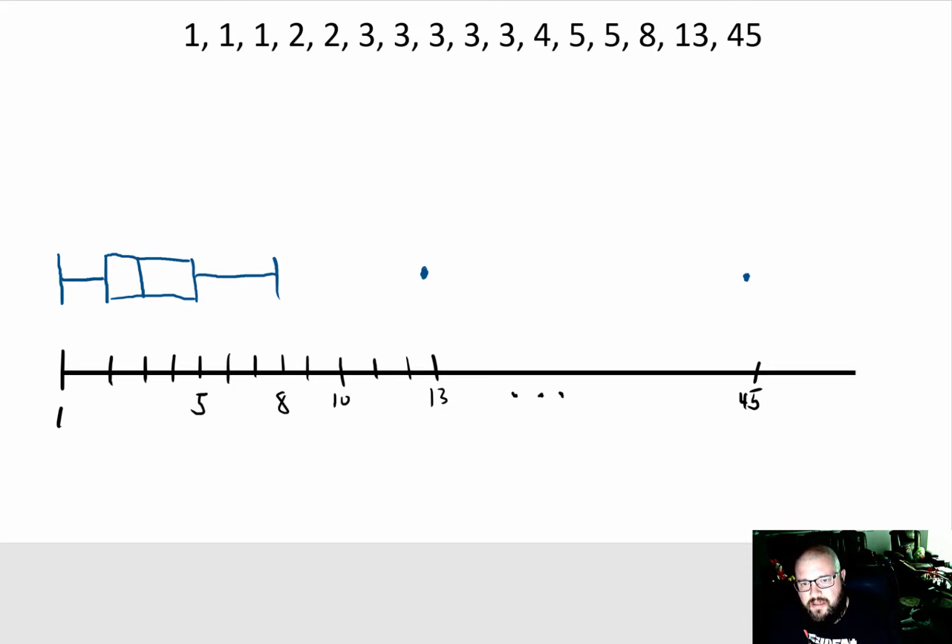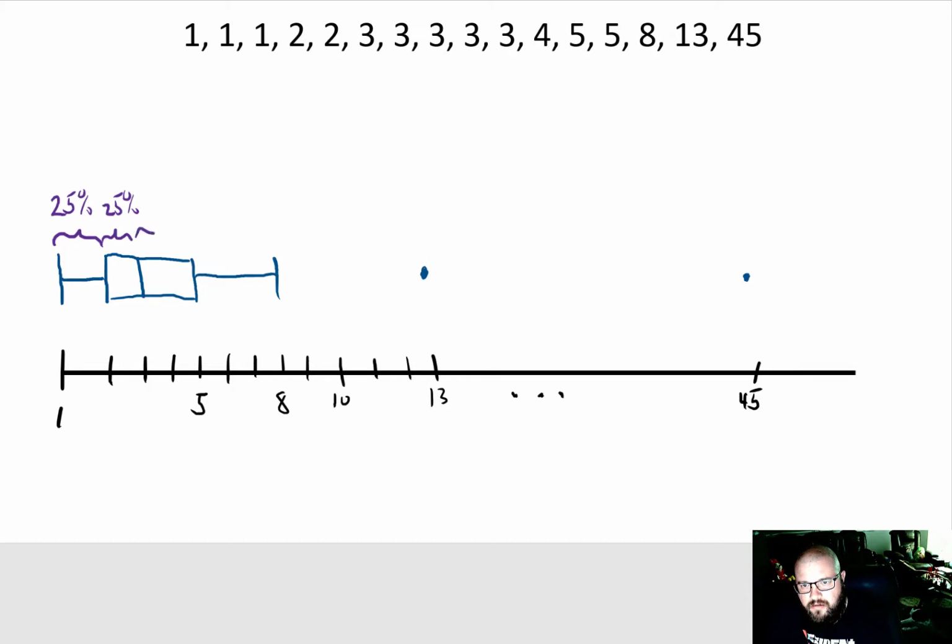So from the min to Q1, 25% of the data is to be within there. From Q1 to the median, 25%.